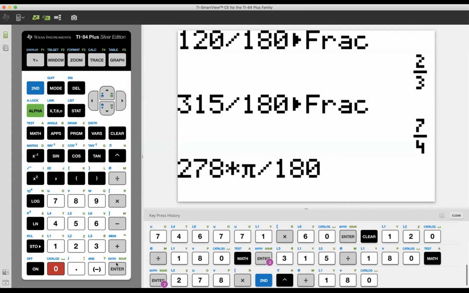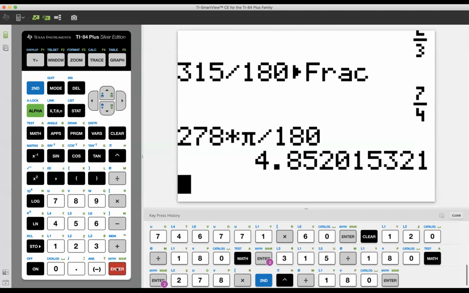Every scientific calculator has a pi button. The way you type it in might look a little different, but there's our final answer. Three decimal places is the nearest thousandth. So that's 4.852. Final answer.